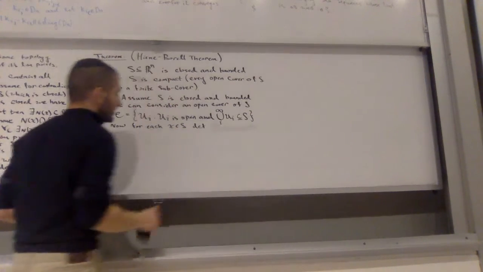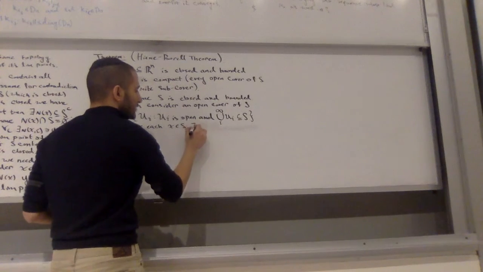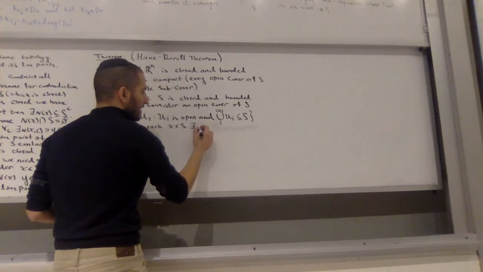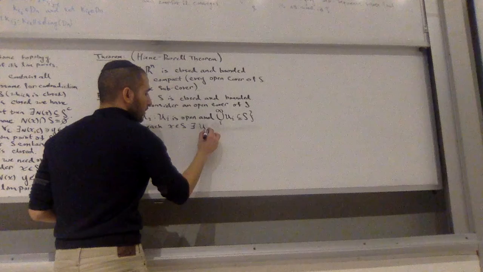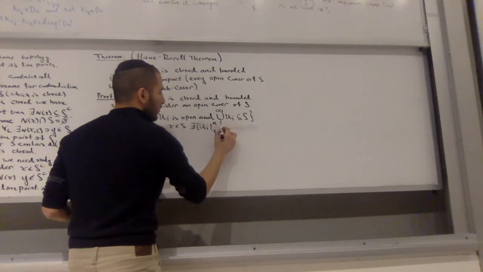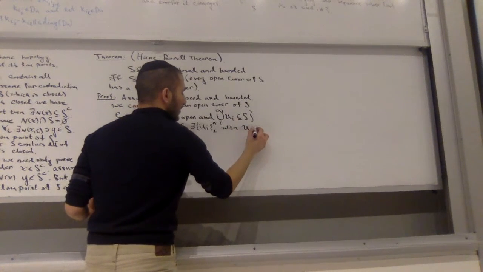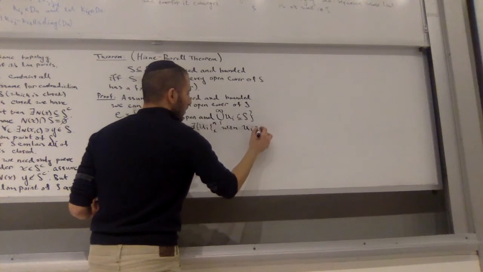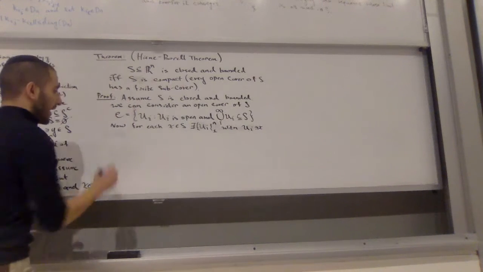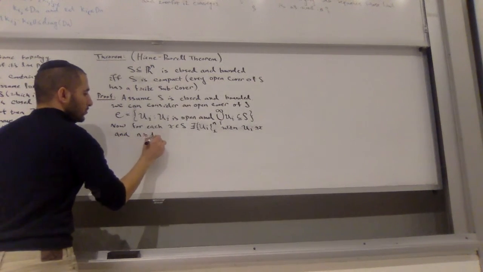For each X in S, there exists several U_i. We could say U_i, 1 to N, with U_i containing X, and N greater than or equal to 1.